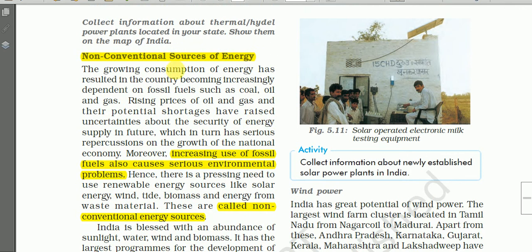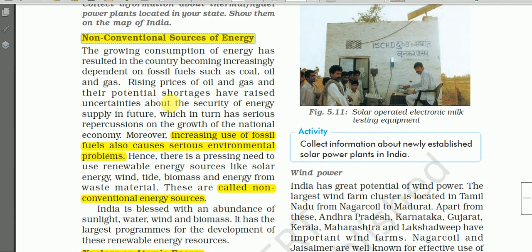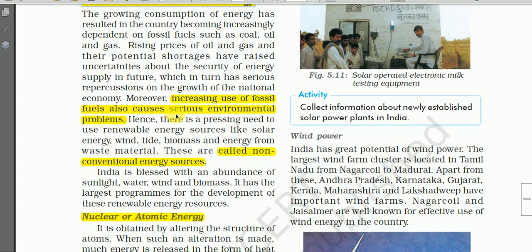Next we have non-conventional sources of energy. When we use conventional sources of energy, the traditional sources like coal, petroleum, natural gas, it increases the pollution level. Increasing use of fossil fuels also causes serious environmental problems.